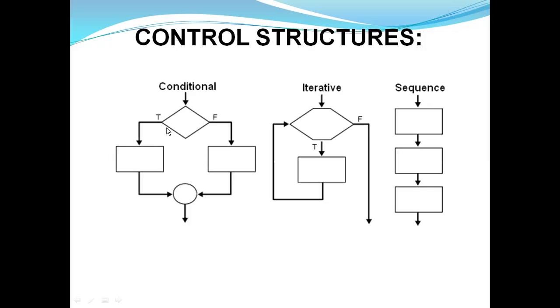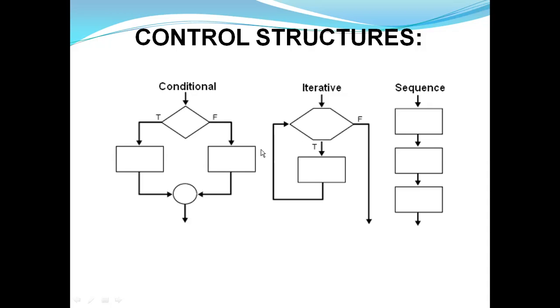Simple. What is a conditional one? Everybody knows about this: if, then, else. When you're using if, then, else, it will flow in a different way. If your condition is true, then this statement, else this. If it is false, then this statement, and then go to the next one.